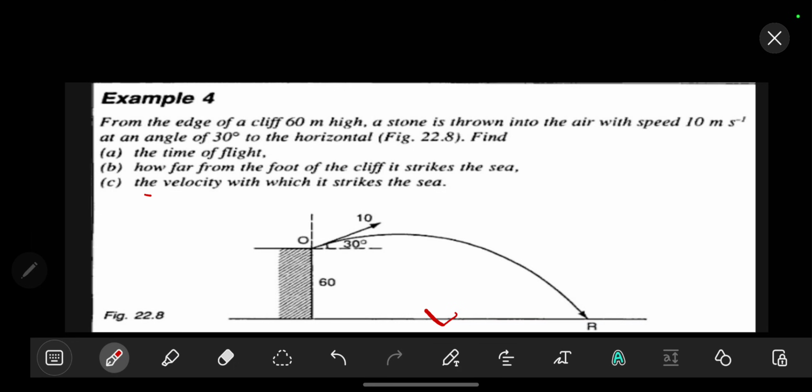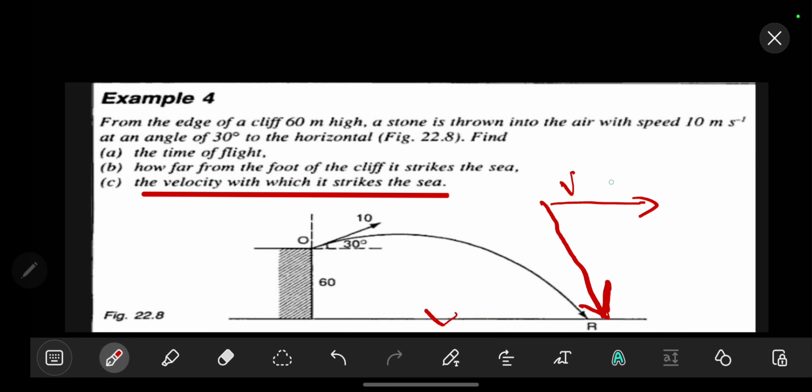The next one asks for the velocity with which it strikes the sea. This velocity is made up of components. You have to account for the x component, then also for the y component, then use Pythagoras to find the actual velocity with which it strikes the sea.